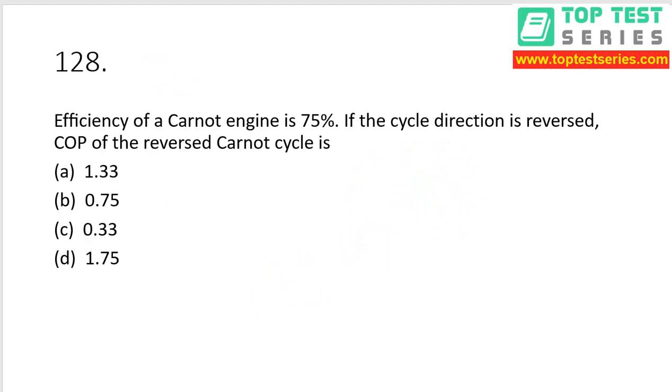Question number 128. This is an amazing question already asked in SSC JE. I will ask you to solve this question after telling you some concepts. We know that the Carnot efficiency is 75%. If the cycle direction is reversed, the COP of the reverse Carnot cycle is... here it does not say whether it is a heat pump or refrigerator. Tell me in the comment box which device you will consider for this question, heat pump or refrigerator.